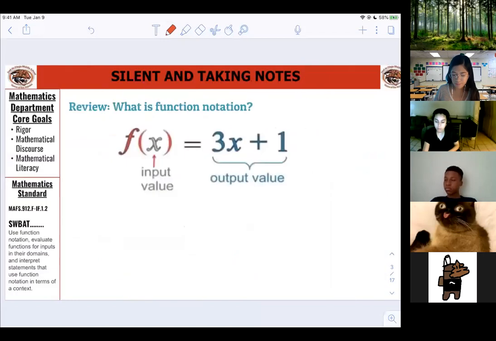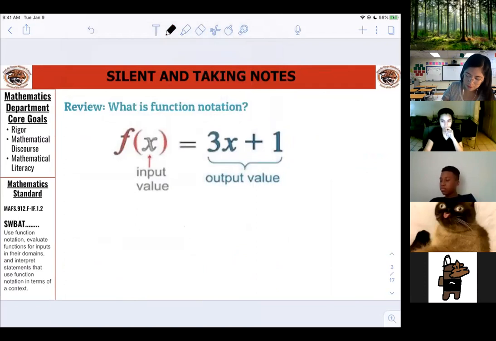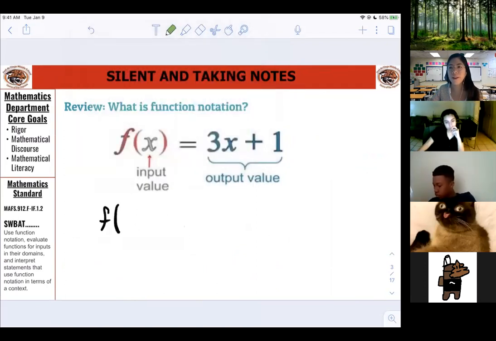So this is what we learned last week, just a quick review on how to identify a function. And then a review from yesterday: when you have a function written as an equation like this one, you can always put in a number as your input. So Alyssa, give me a random number, any number. 5.